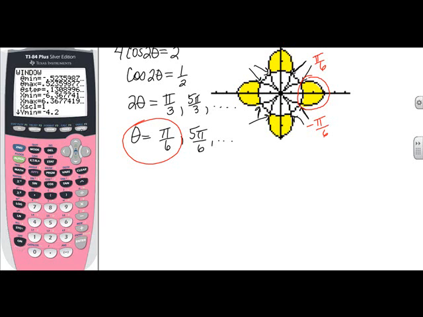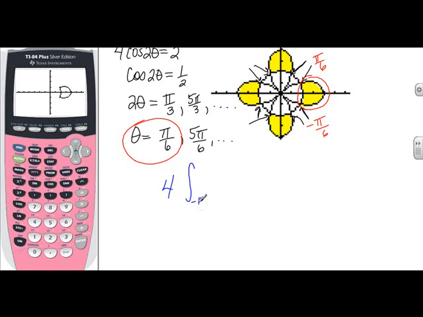So the way I want to set this up is I'm going to multiply by 4, integral from negative pi over 6 to positive pi over 6 of 1/2 times, our outer function is 4 cosine 2 theta, and that's all squared, minus 2 squared d theta.